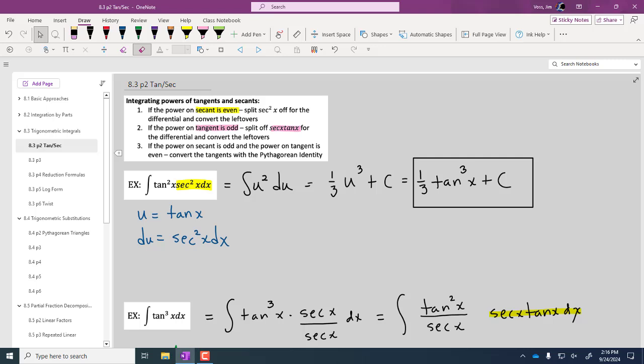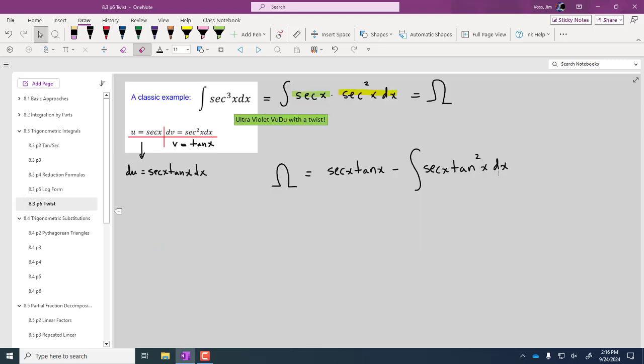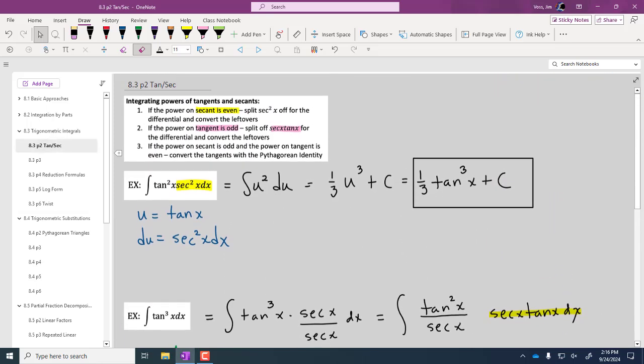Tangent odd, we have something to do. So we come over here, secant's not even, tangent's not odd. So both of those special cases don't apply. So we're in this third case, right? The third case is if one of those first two don't work. So we have to come down here.